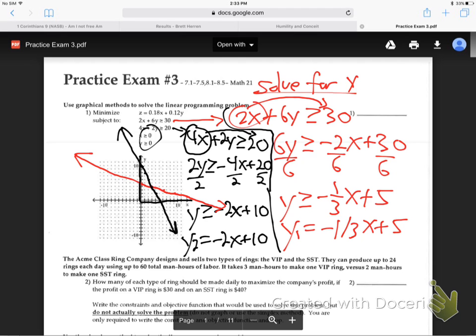So that means the shading is out here, above both lines. If it had said less, then it would have been below both lines, in there. Okay, so greater is above, it's all the shading up there like that.